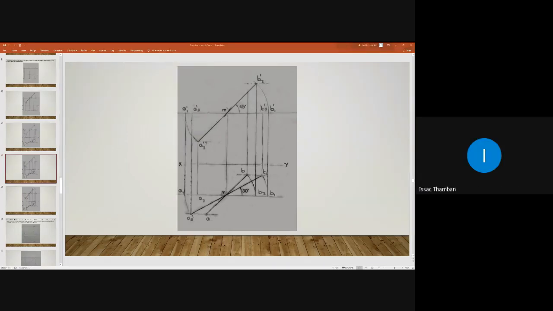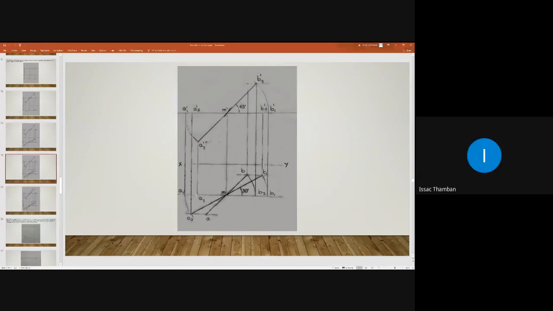Saha, what is the length of MA2? What is the value? 28. Okay. 29 millimeters. Okay, that's all right.